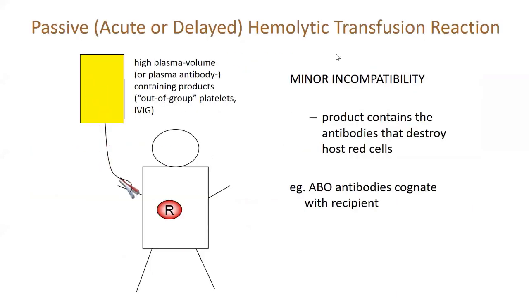So this is the cartoon for passive hemolysis. It's a minor incompatibility scenario. And what we had here was IVIG containing hemolytic anti-A or anti-B. This patient was born group O but transplanted to group A. So the graft-encoded red cells that she was circulating with were type A, and she didn't have any A antigens expressed on other tissues to distract the anti-A hemolysin that was present in the IVIG.